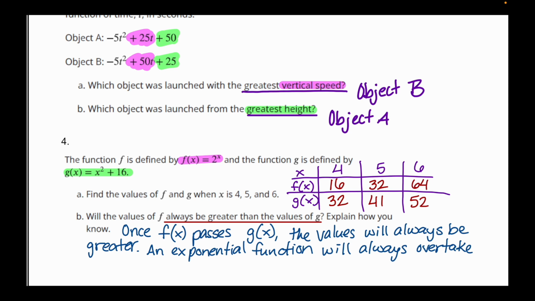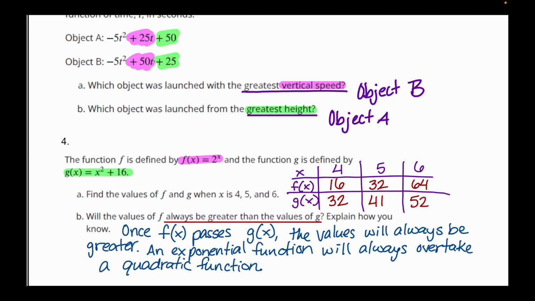So we kind of say that it always overtakes a quadratic function. And there we go. So we know, because we've learned that it'll always overtake, that once it does, from there on, it will always be greater. And that's question 4.